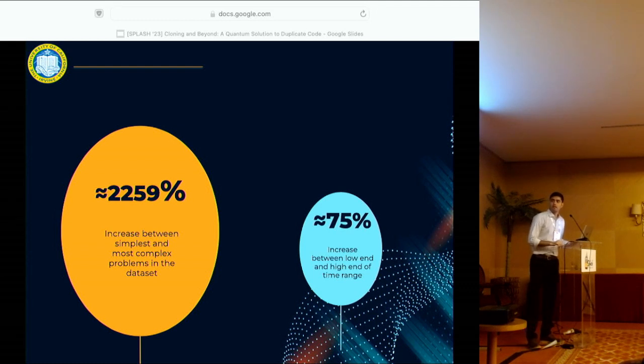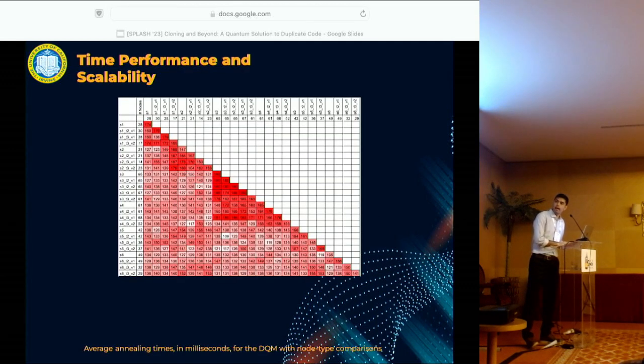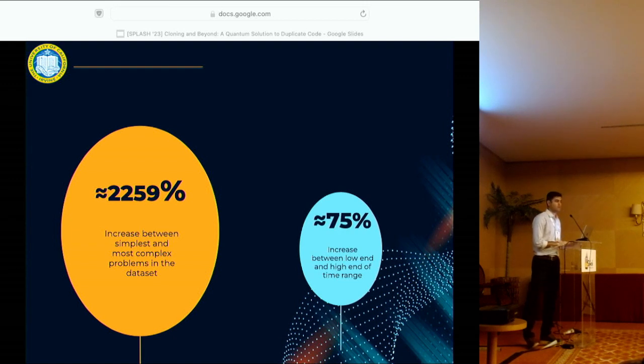And even then, the 14-node AST took 109 milliseconds to solve, and the largest one took 190 milliseconds to solve, which means that there's only a 75% increase in the amount of time it takes to solve the smallest solution space compared to the largest solution space.